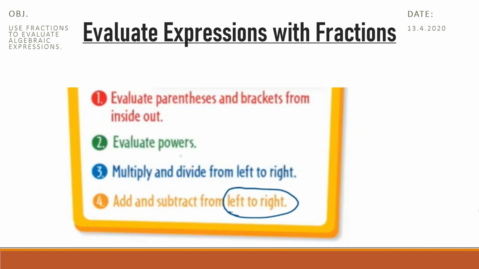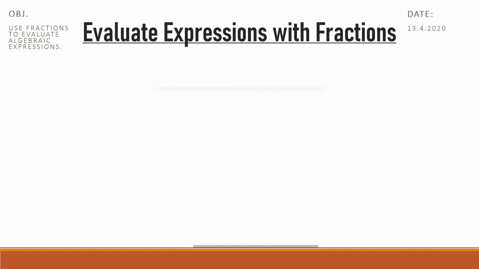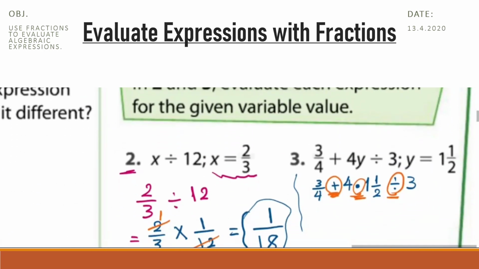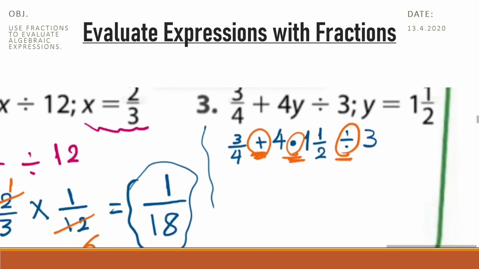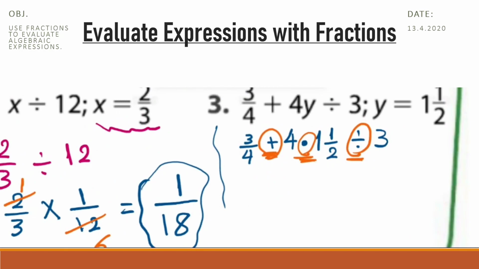We don't have parentheses, we don't have powers, so we'll start with multiply and divide. Back to the question. Multiply and divide. So I will first multiply 4 and 1 1/2.